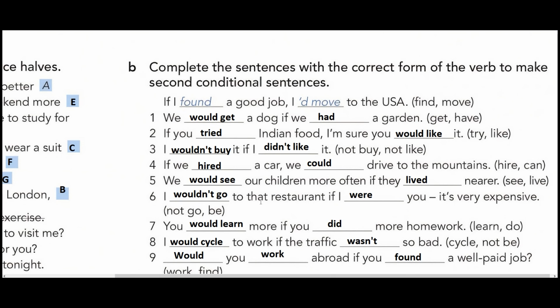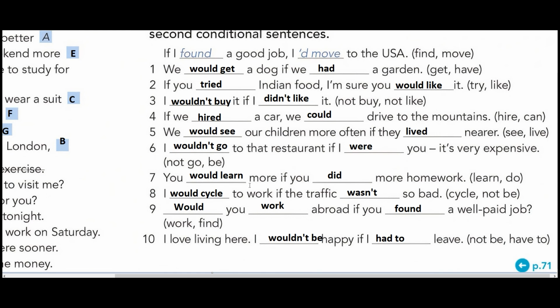I wouldn't go to that restaurant if I were you. It's very expensive. You would learn more if you did more homework. I would cycle to work if the traffic wasn't so bad. Would you work abroad if you found a well-paid job? I love living here. I wouldn't be happy if I had to leave.